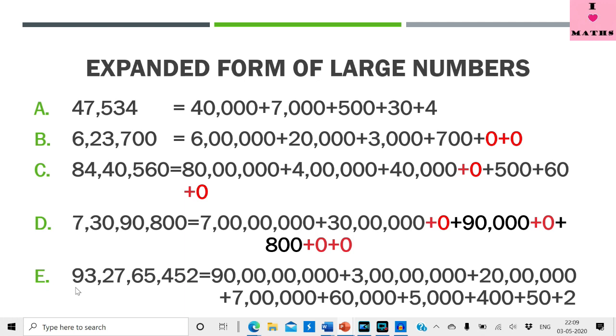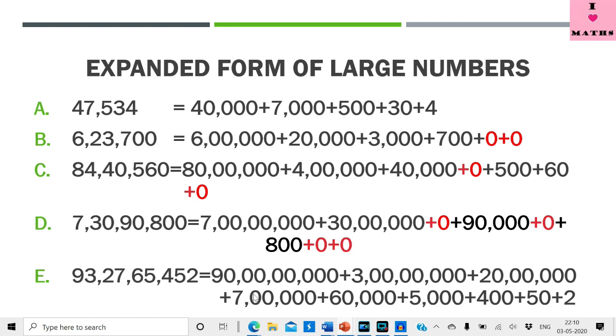Let us read the number first. 93 crore 27 lakh 65,452 is equal to 90 crores plus 3 crores plus 20 lakh plus 7 lakh plus 60,000 plus 5,000 plus 400 plus 50 plus 2.